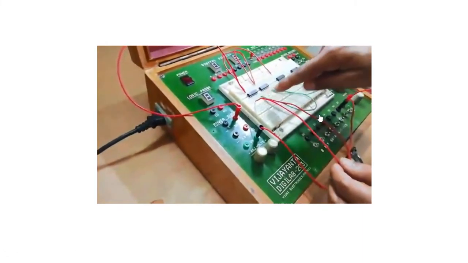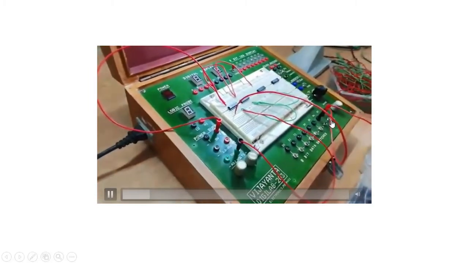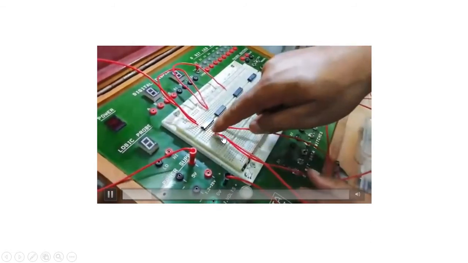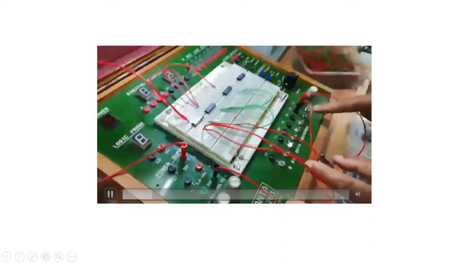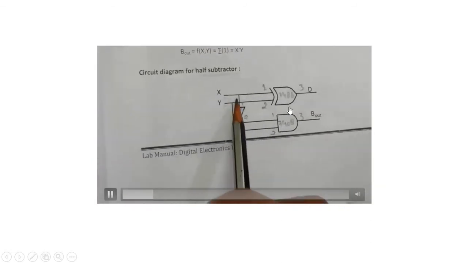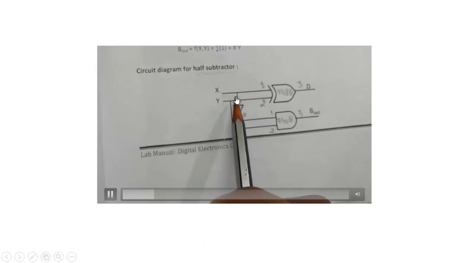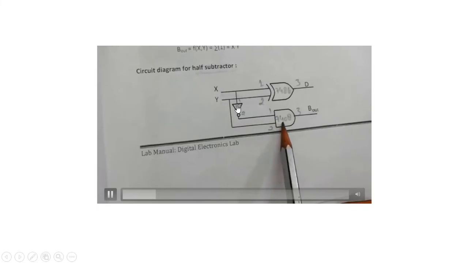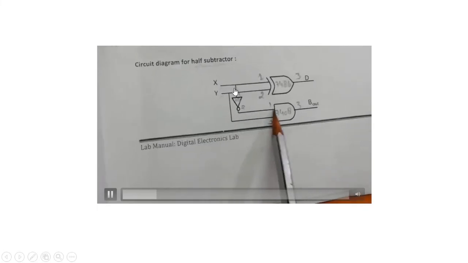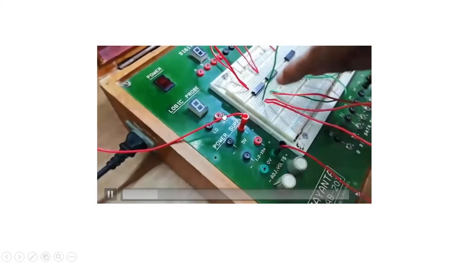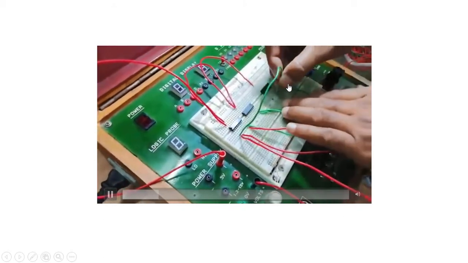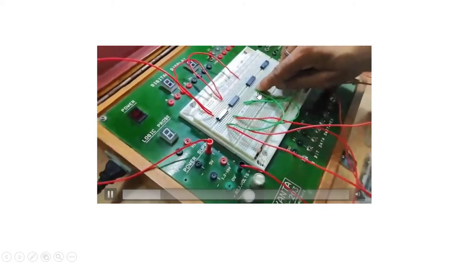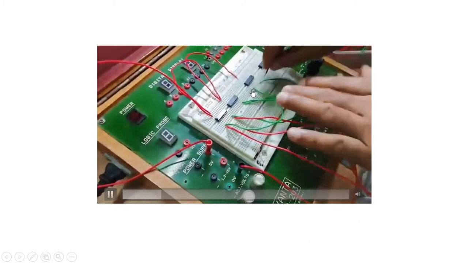So you are giving input through these switches to this IC, which is the XOR gate IC. So 1 and 2 you are giving the input and you get the output from the third pin. You are also giving this first input to the inverter gate, this NOT gate. So you will connect this input A to the first pin of the inverter.